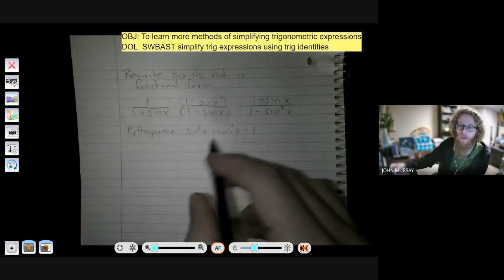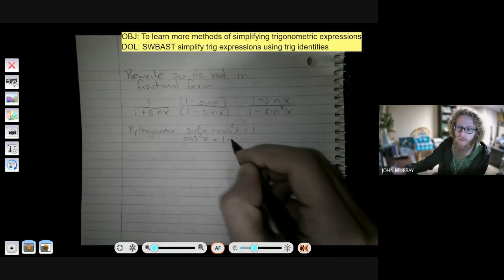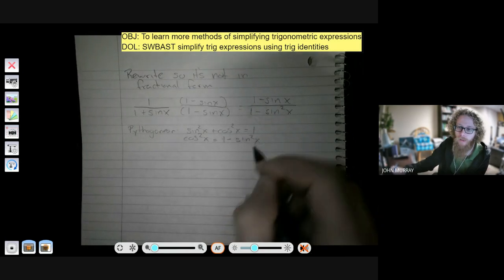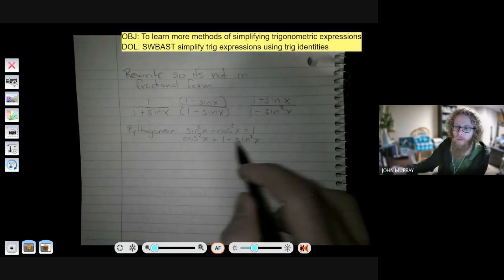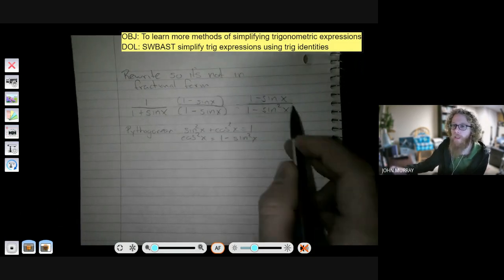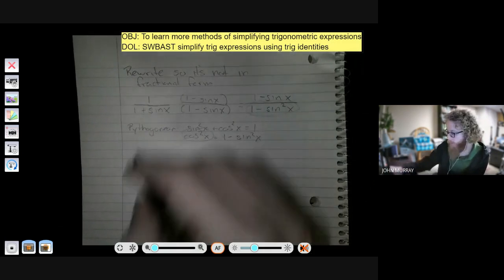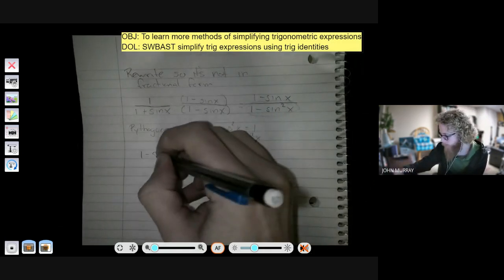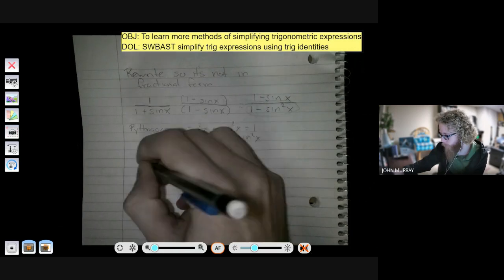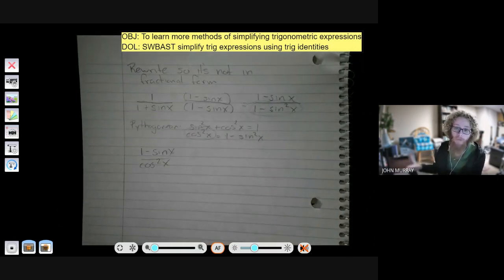Well, if I move the sine over, I get that 1 minus sine squared, which is what I see here. I can replace this with cosine x. I'm sorry, cosine squared x.